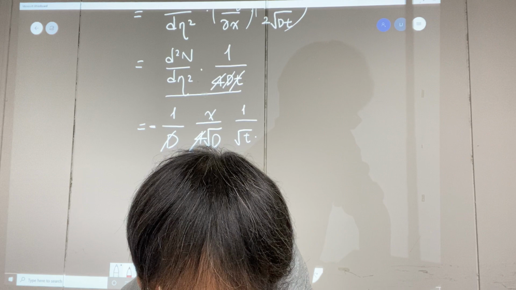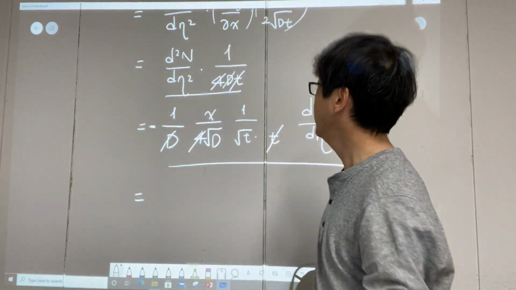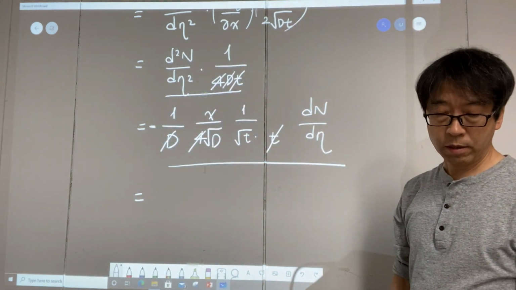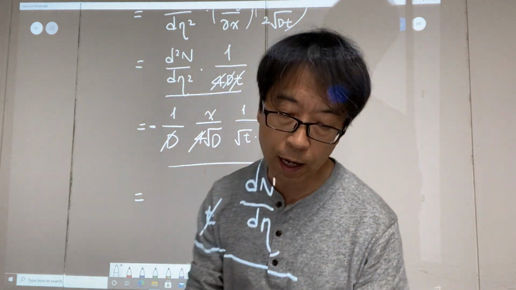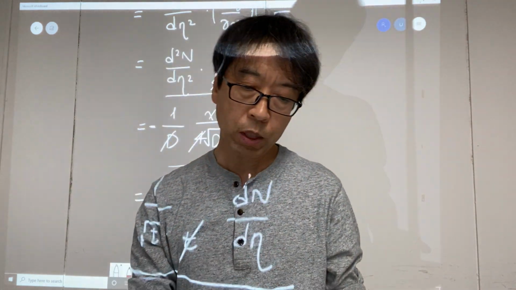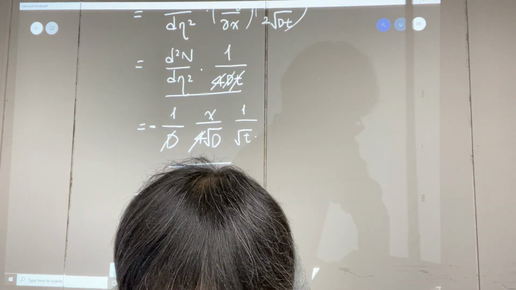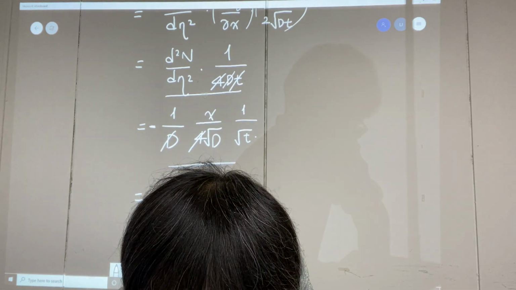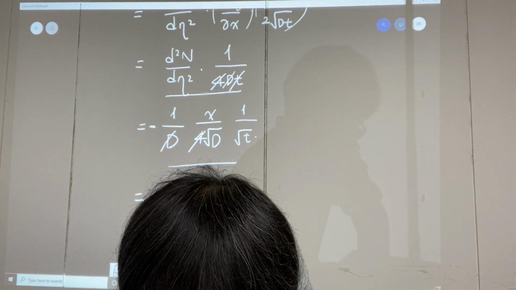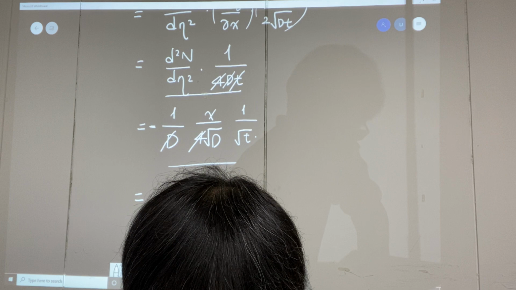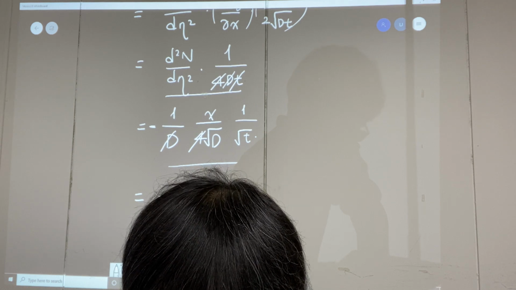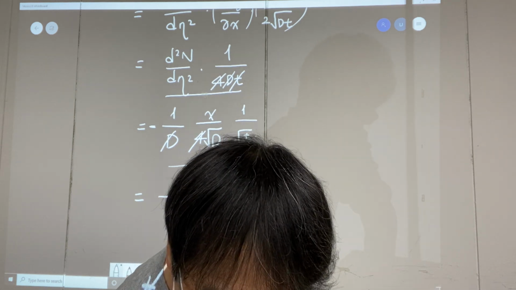What's remaining on the right hand side? On the left hand side, everything's gone. What's remaining on the right hand side is x over square root dt, so minus x over square root dt times dn d eta.